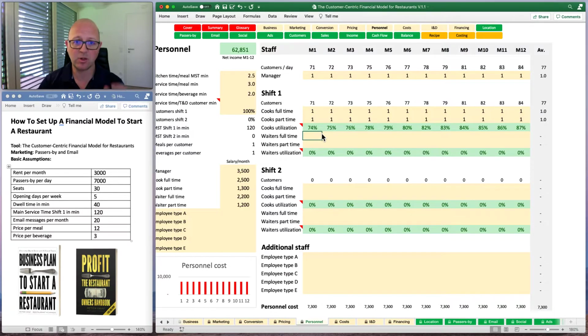Then next one, as we provide service, we need waiters, and we start with one waiter, and we have the same result as with the cooks. We have a utilization of 294%. That's of course much too much. They are overwhelmed. It's not possible. We put in 3 and we got it. So we could try 2 full-time, 1 part-time, and we tried that for the beginning.